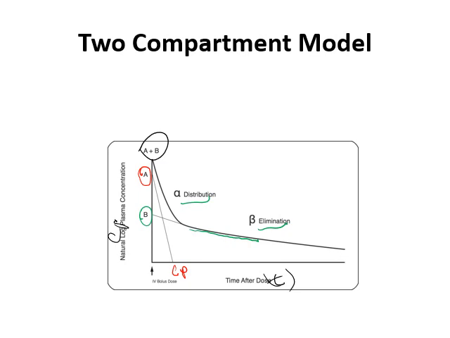It is also called T1/2 alpha, okay? The beta portion of the curve represents elimination, and you'll see that as T1/2 beta.